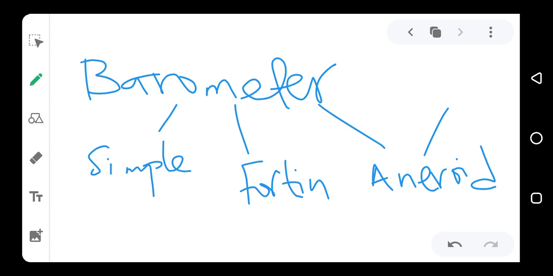So the simple barometer is a very simple kind of barometer that is constructed using a test tube, and the Fortin barometer is a more advanced form of barometer that is used in a laboratory. And then the aneroid barometer is an industrial barometer that is used in industries and also in aeroplanes. So these are the different types of barometer.